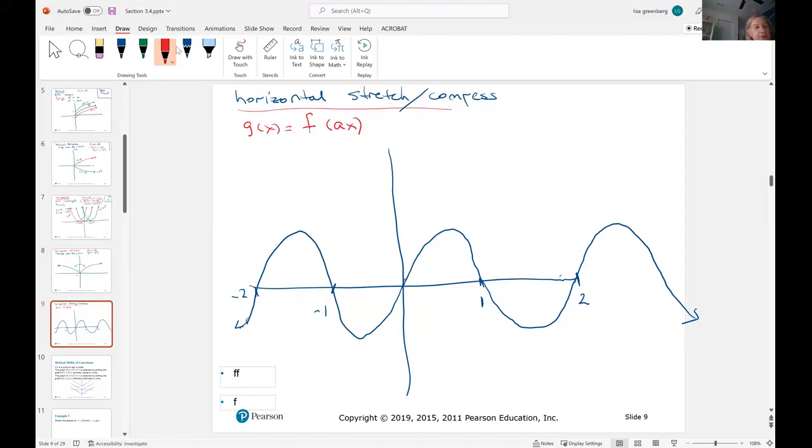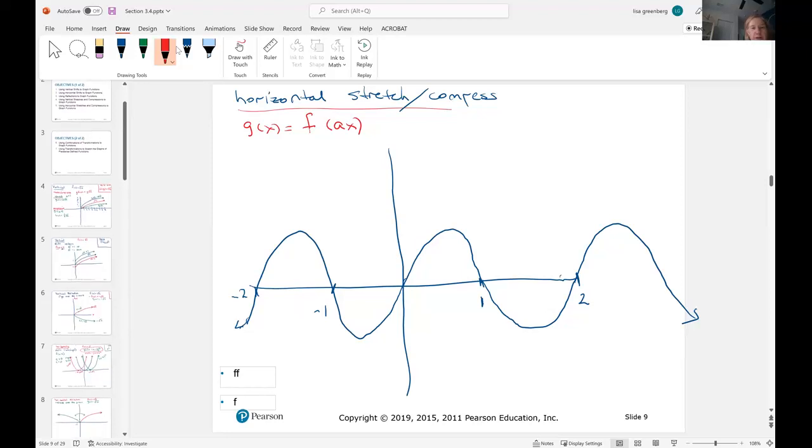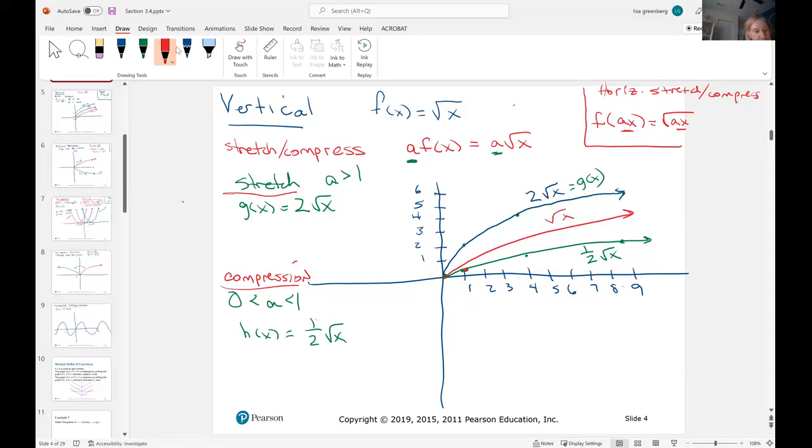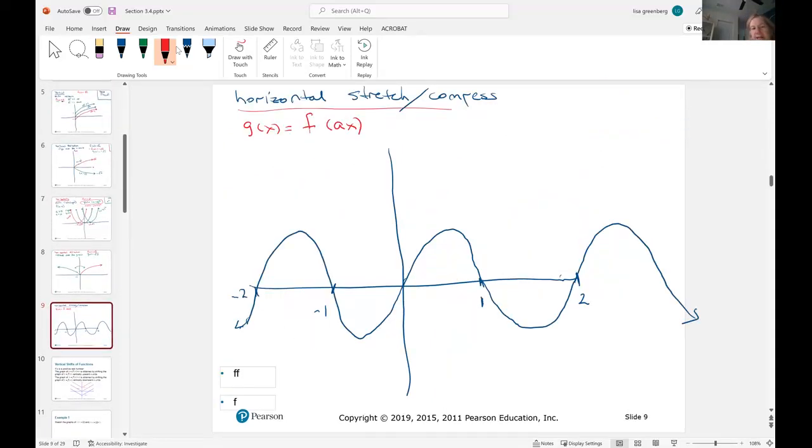So now remember the stretch compress vertically was outside of the square root. Here, it's inside the function. It's now affecting x. And what's happening is that if a is greater than 1, it's compressing.